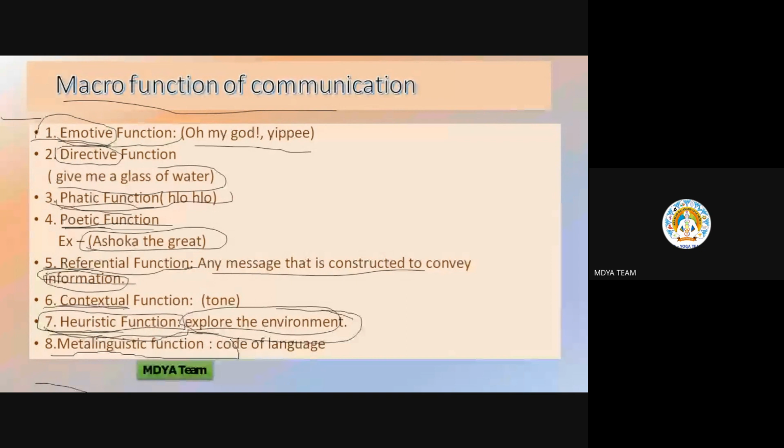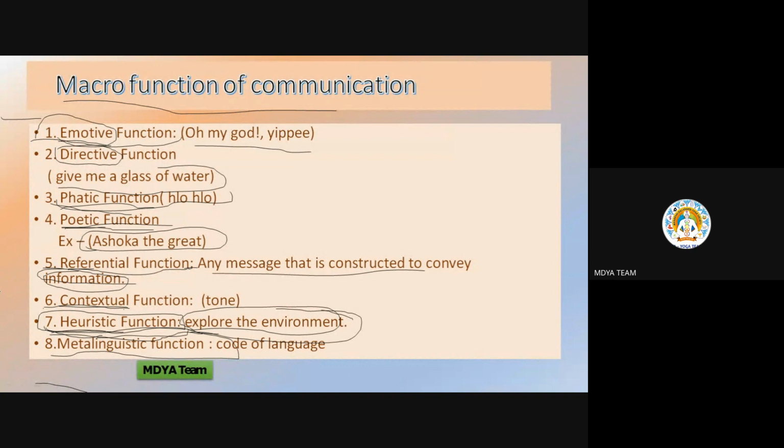Then next is meta-linguistic function. Meta-linguistic function means that when you are talking with someone, and that person does not know the meaning of something, like you are saying to a child, score high, you are playing with the child, and then that child doesn't know the meaning of score, then you are explaining what score means.